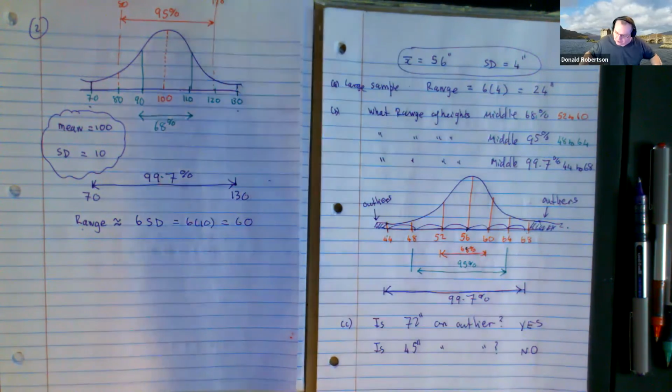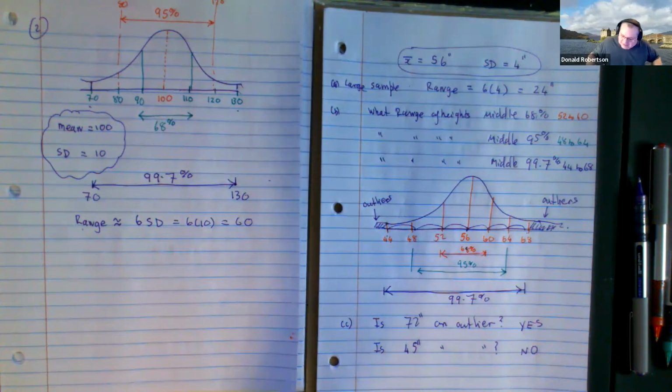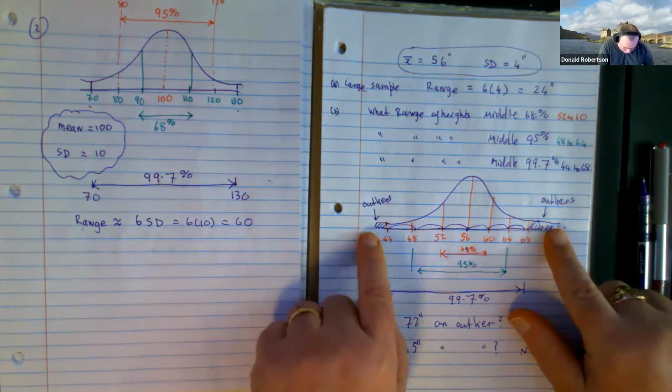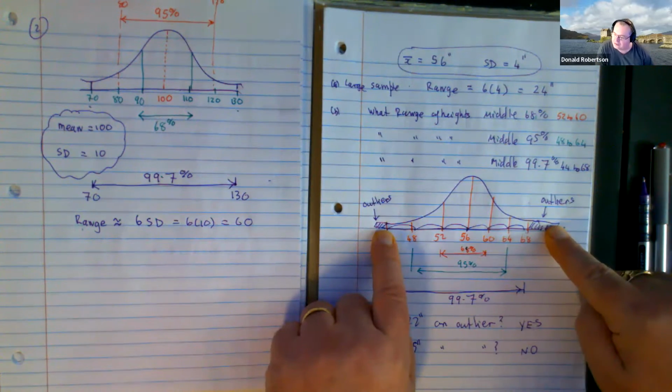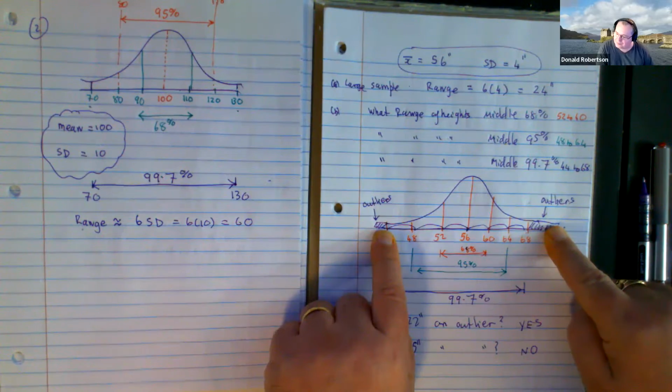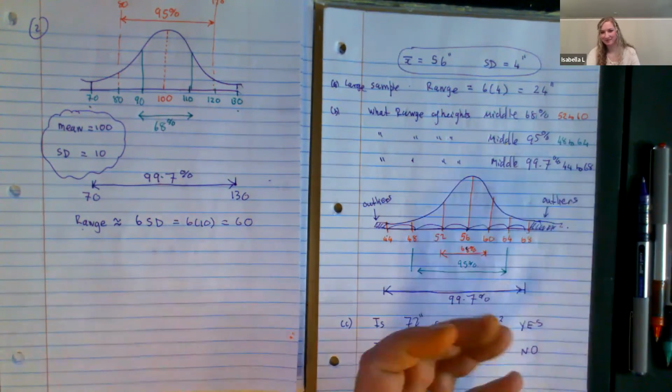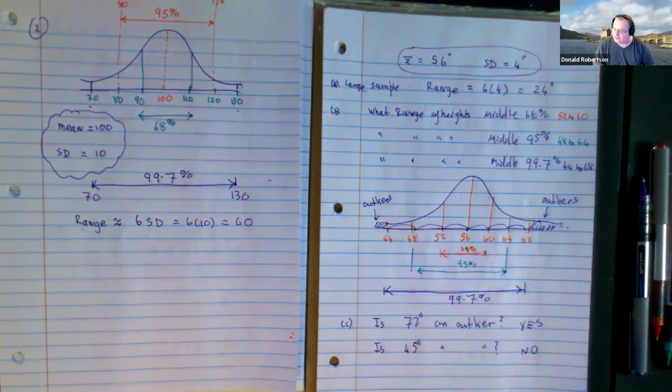If you went to 4 standard deviations, I don't know what the number is, but I'll make it up, 99.93% of the data is in that range, or whatever that value is. So we typically stop at 3. 3 is a good number because isn't that also where you stop if you're looking for outliers? Yes. So the two things come together nicely if you stop at 3 standard deviations.